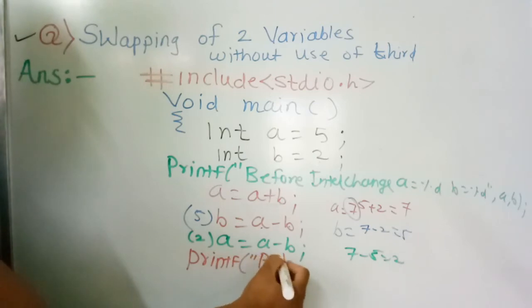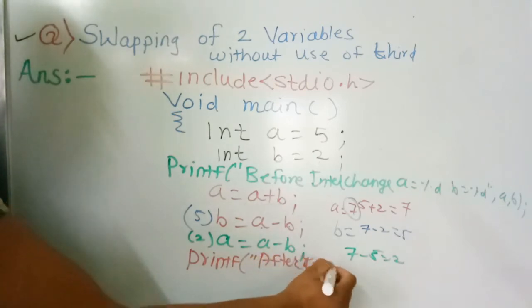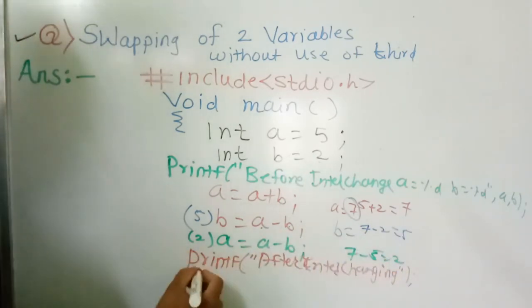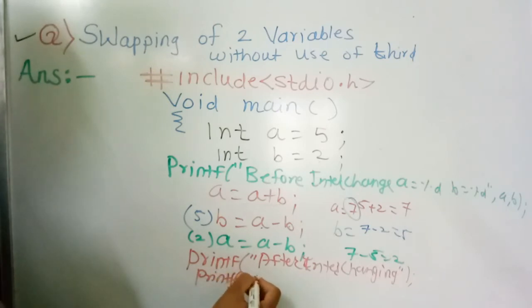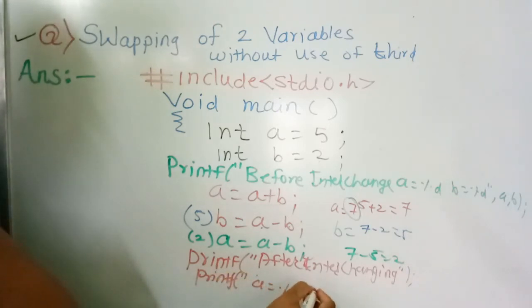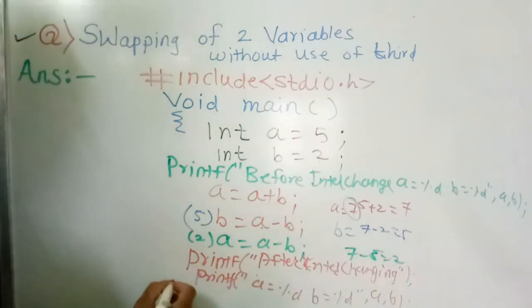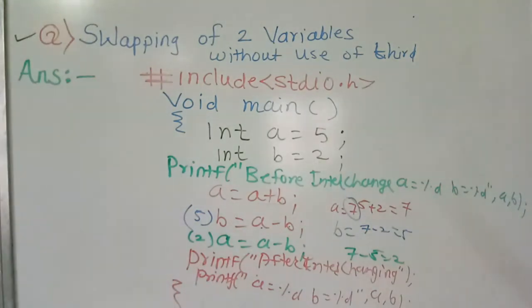after interchanging, and we will print A equals to %d, B equals to %d, A comma B. Now, after running this whole program, our values will be changed: A equals to 5 and B equals to 2 were the previous values, but after interchanging, these values become A equals to 2 and B equals to 5.